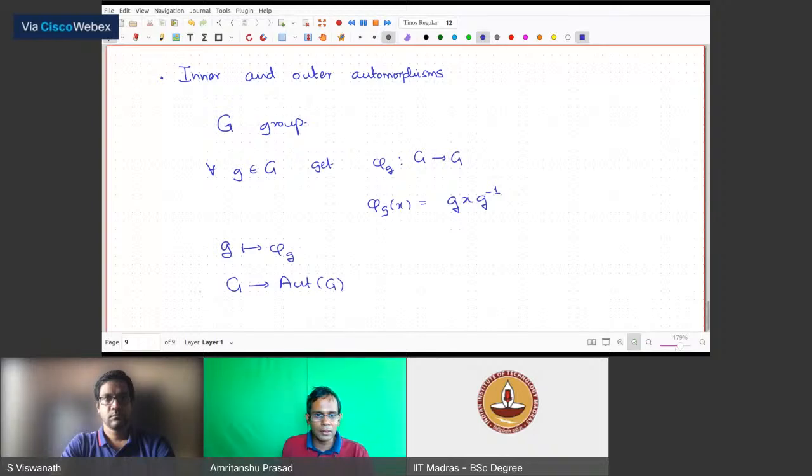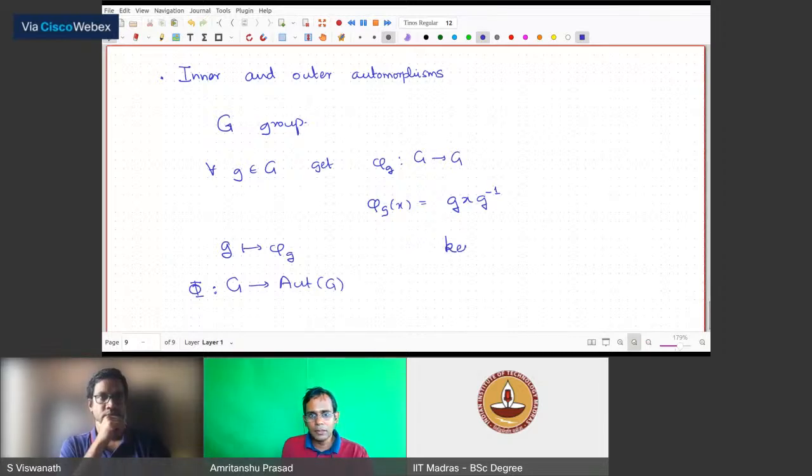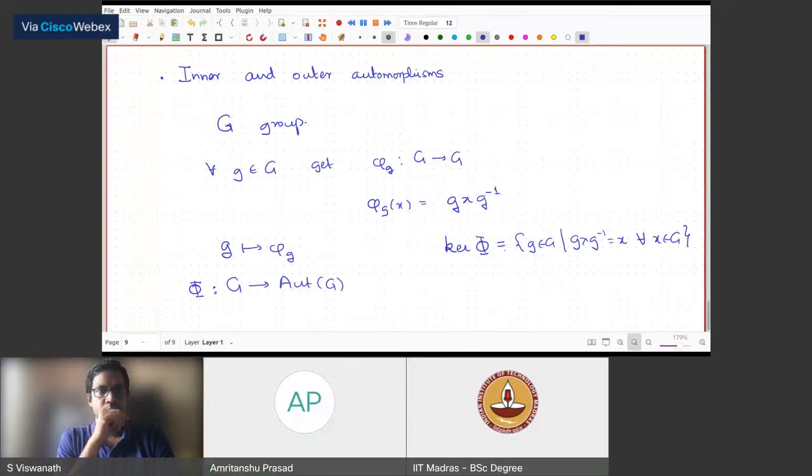So let's call this map capital Phi. Phi is not injective. The kernel of Phi consists of all those elements g in G such that g x g inverse is equal to x for all x in G, right? That's obviously the definition of the kernel.